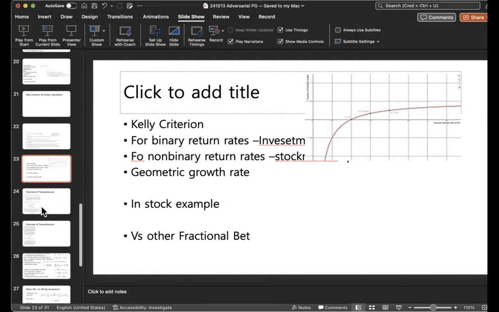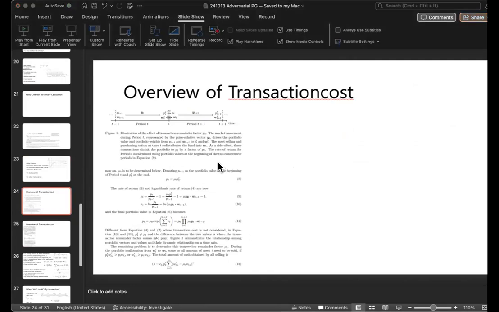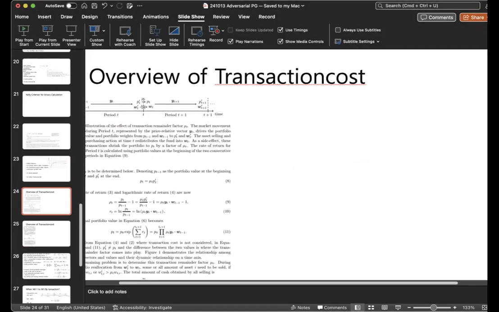Okay, then I will go to transaction cost. Transaction cost is the main part that researchers are researching right now. Because if there is no transaction cost, you can easily calculate when you should buy and when you should sell stock. If we assume we know the stock market's future price from T0 to T5, T0, T1, T2, T3, T5, then it is very easy to know when we should sell and when we should buy.